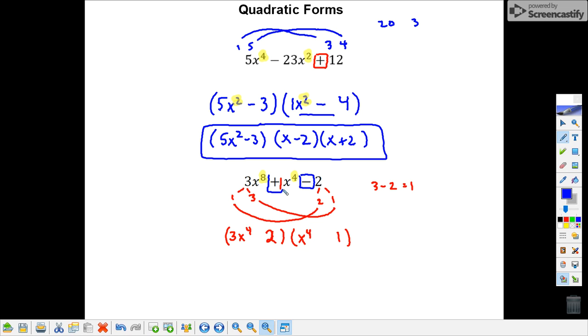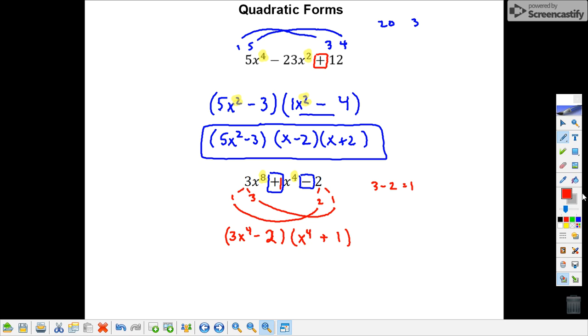This tells us that the larger pairing should be positive. When we paired 3 and 1, that was bigger, 3 times 1 is 3, than 2 times 1. So the larger pairing is 3 and 1, so that's positive, and this is negative.